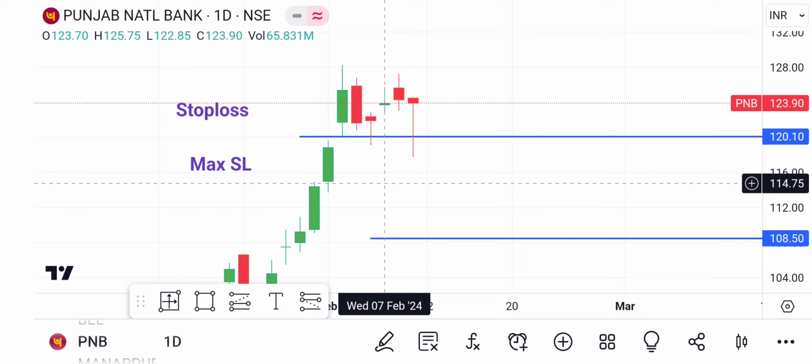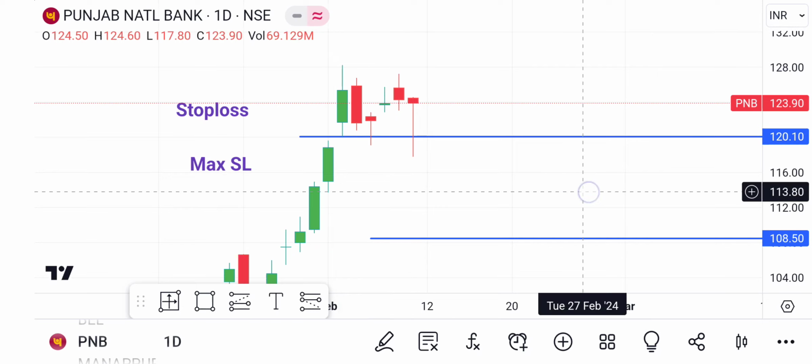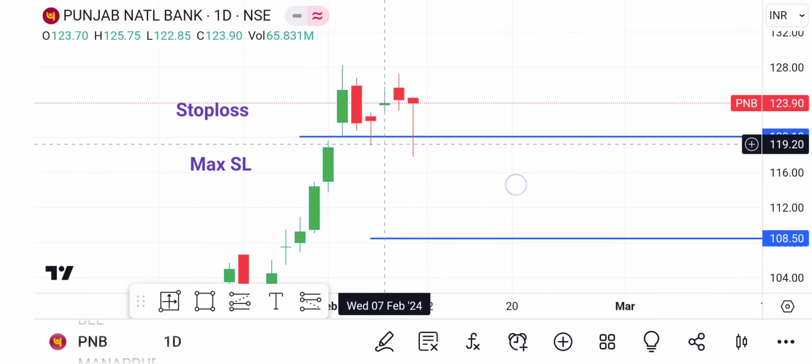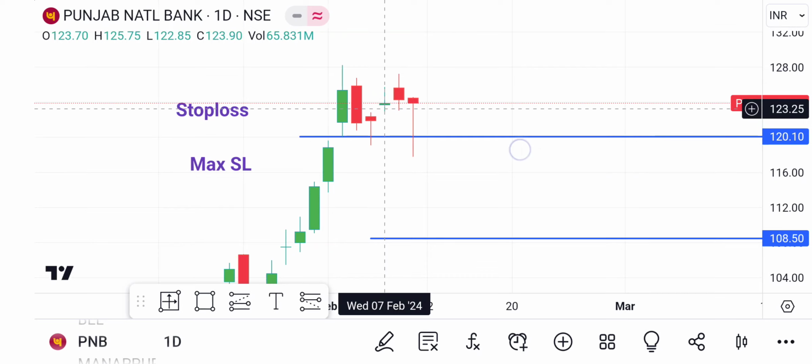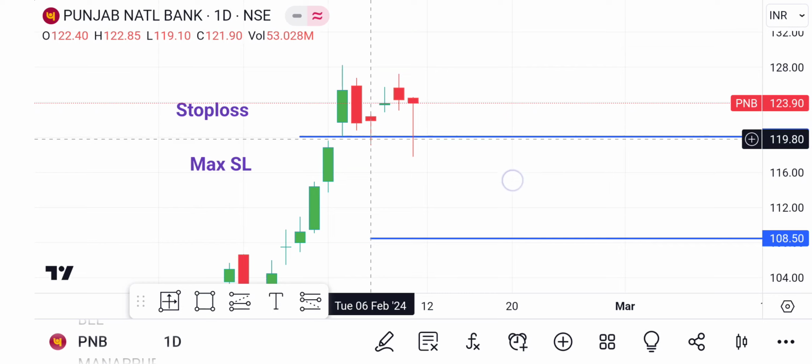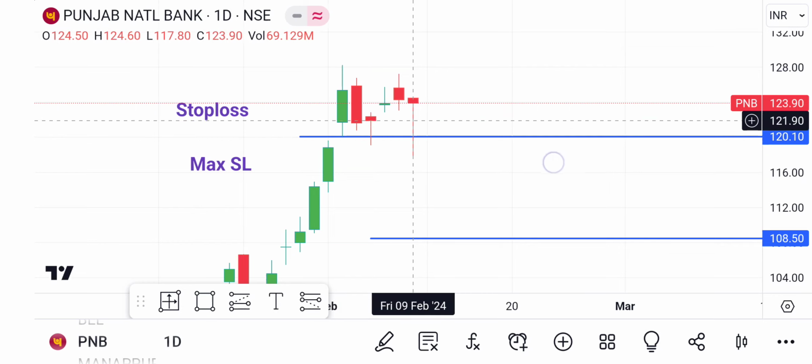Now, what is the concept of max SL? See what has happened here. The stop loss, which was the low of 119.10. Many people would have kept the stop loss here and taken the trade here, but this stop loss was hunted here.